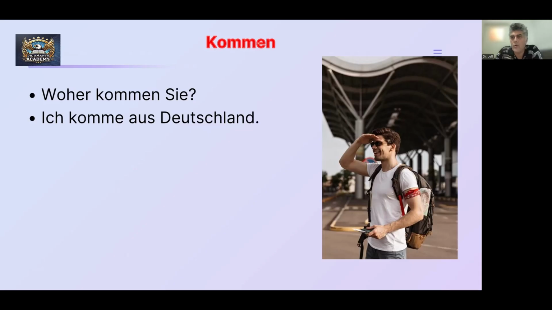So ich komme aus Deutschland. Ich komme aus England. Ich komme aus Österreich. Ich komme aus der Türkei. So aus and the country.